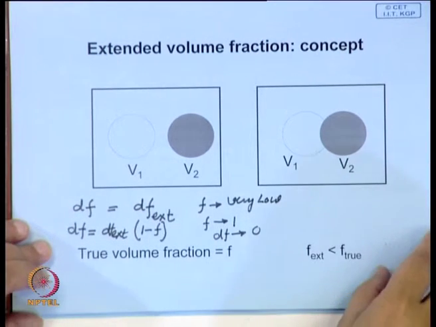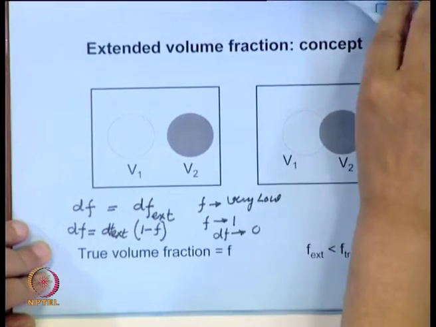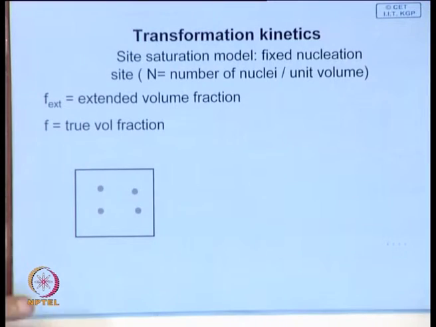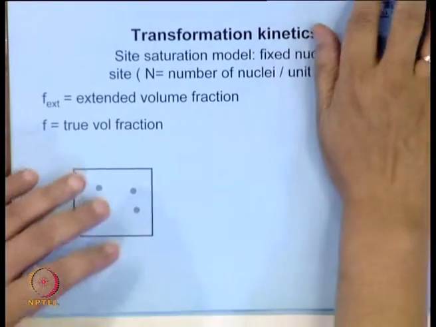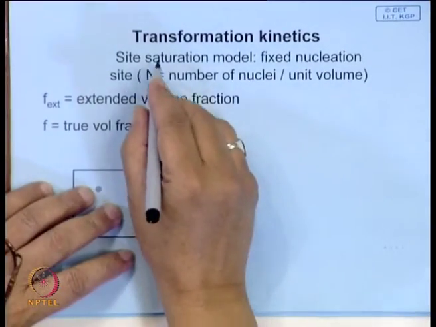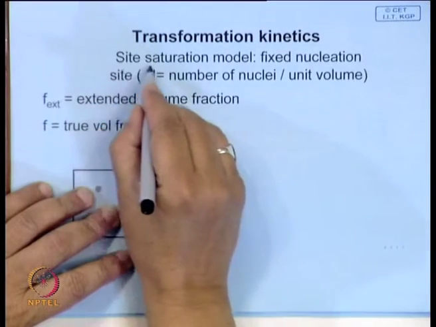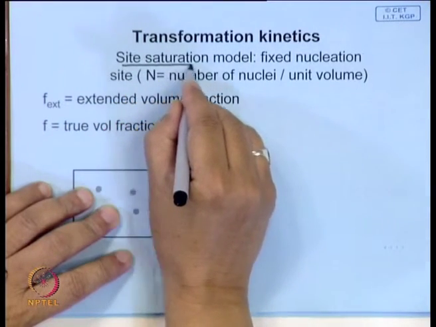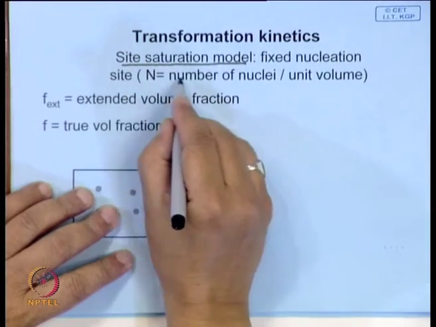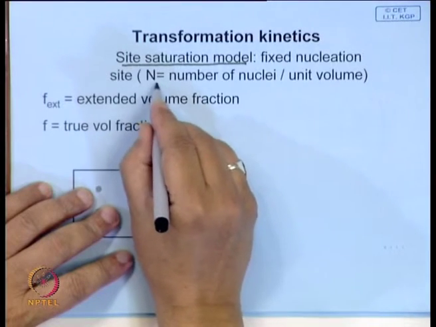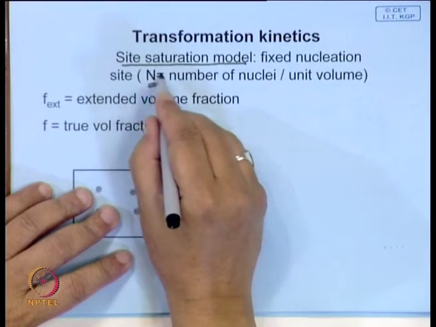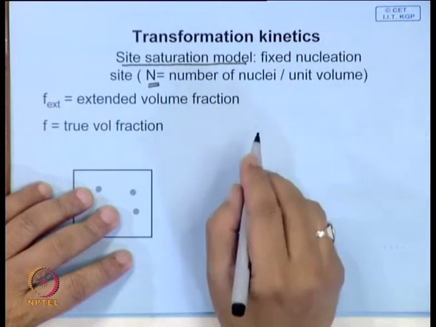Therefore, this offers a simple method of finding out the relationship for the fraction transformed, which can be done very easily. How will you do it? In that case, suppose we make this assumption, that is the site saturation model. That means you have fixed nucleation sites, you have only n number of nucleation sites, and once all these n nuclei are formed, then only growth sets in.